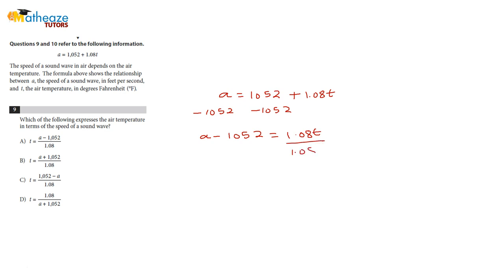Divide by 1.08, and then we have t equal to A minus 1052 divided by 1.08. That's going to give us A.